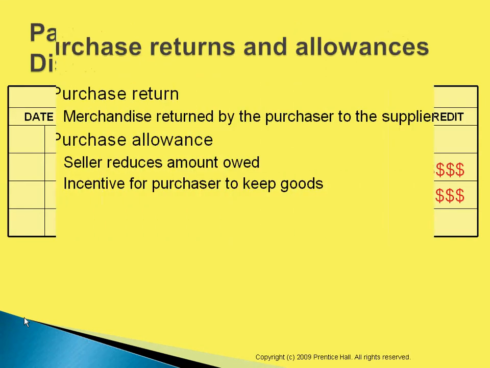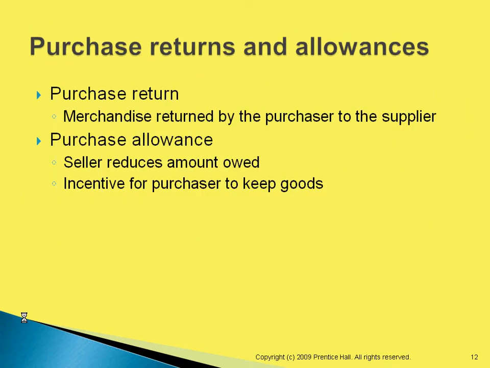Next item on slide 9, purchase returns and allowances. A purchase return is where merchandise is returned by the purchaser to the supplier. A purchase allowance is a reduction in the cost of defective merchandise received by a purchaser from a supplier. Okay, so a purchase return is where the item physically gets returned to the supplier. An allowance is just a reduction for the cost of defective merchandise.